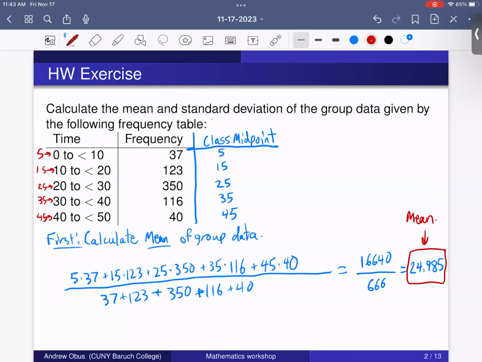Okay, so before we move on to the standard deviation, which I see that you also did, is there... Yes, Gabriel. Yeah, I used the other formula that I told you about. Oh, okay, the other formula. So you have the sum of fx squared divided by n and then divided by the mean squared.